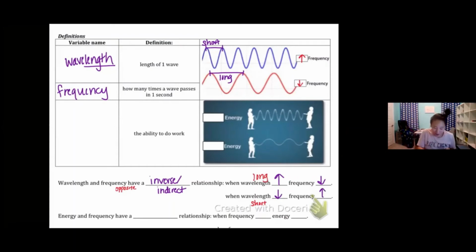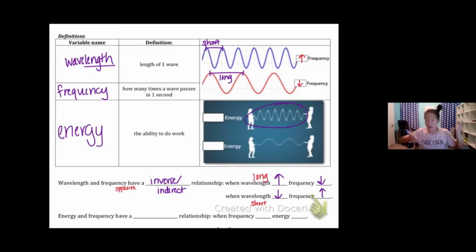Then our next vocabulary word is energy. Energy is the ability to do work. And energy is directly related to our vocabulary words. So let's talk about them. The first one is the relationship between energy and frequency. Let's look at the picture here. We can tell that this top picture is way more frequent.